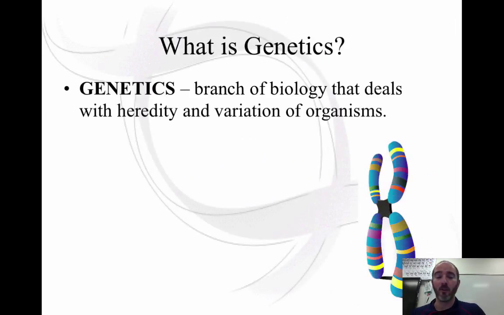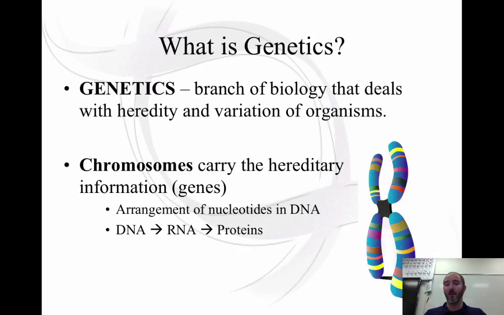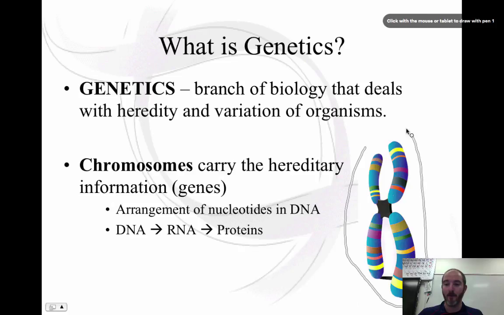All right, so generally genetics is looking at a variety of things that are associated with heredity and also the variation of those organisms. And we know that the genetic information is carried on chromosomes, right? And these chromosomes, like this chromosome here, carry the information in genes.